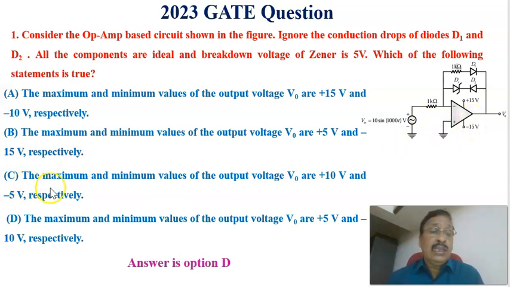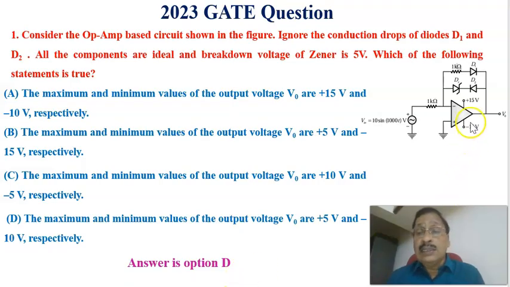Option C, plus 10 volts and minus 5 volt respectively. Option D, plus 5 volt and minus 10 volt respectively. We will be analyzing the circuit in the coming slides, and the answer is option D.